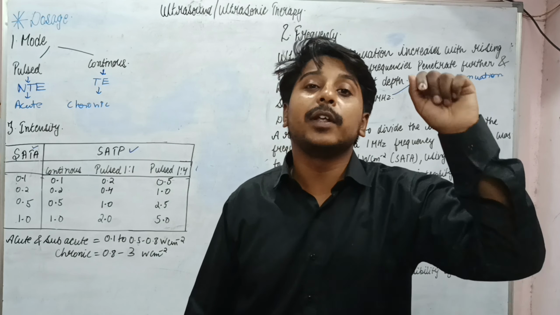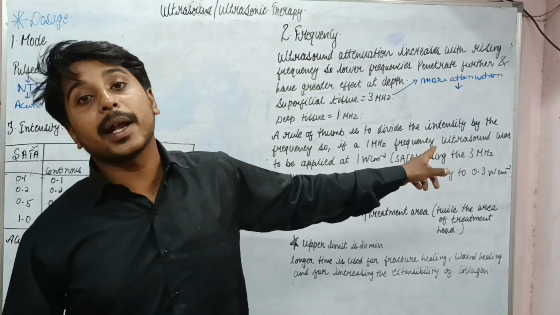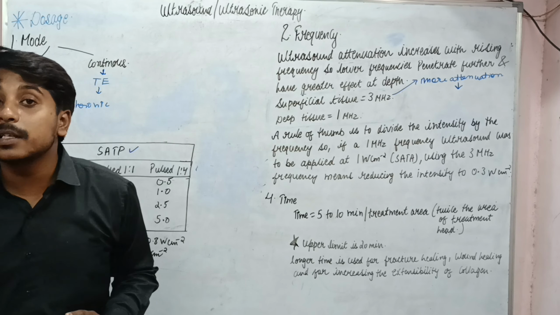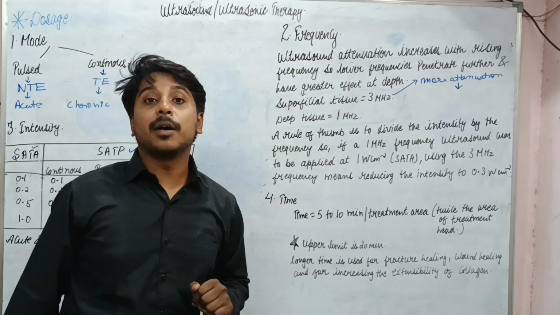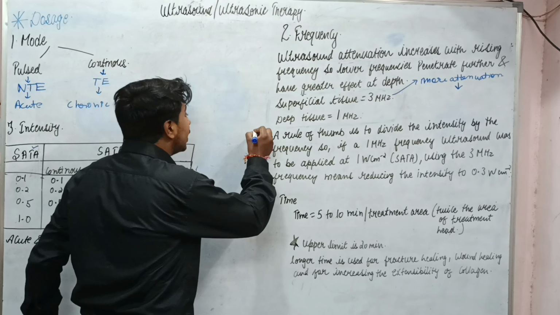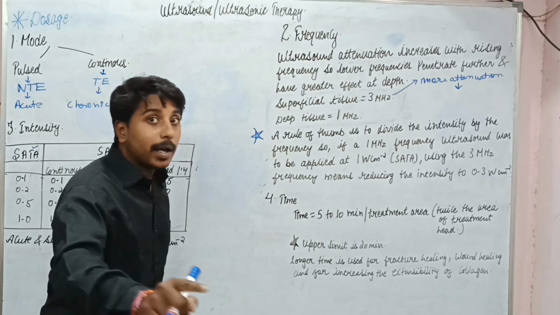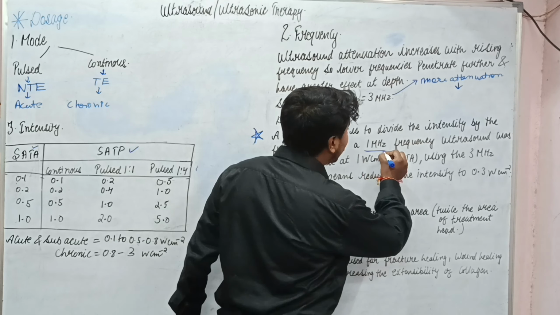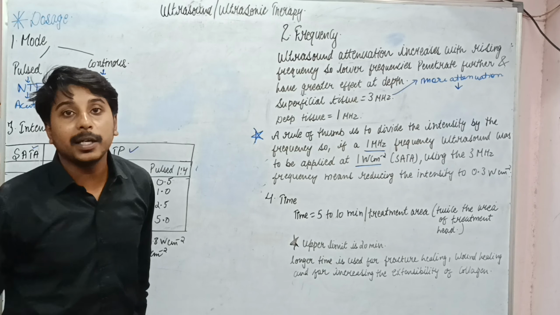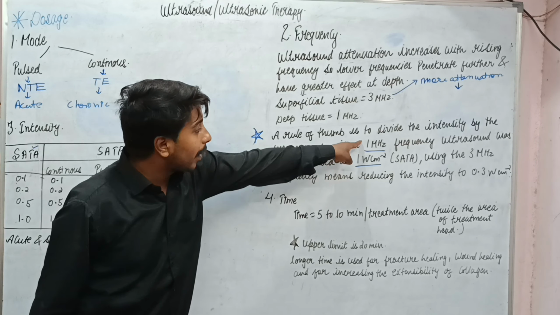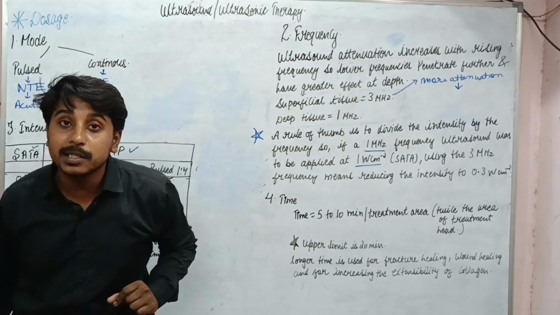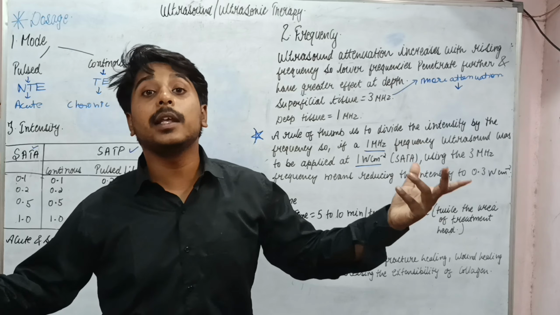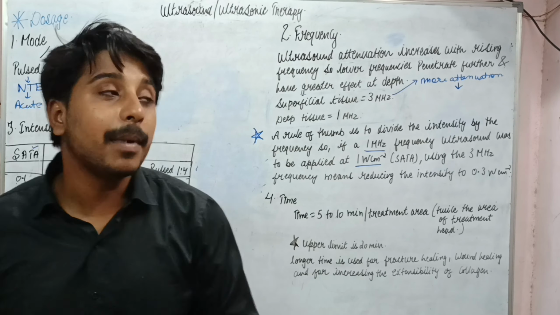So in case when you are using 3 megahertz as the frequency, you need to have lesser intensity as compared to 1. Due to which there is a thumb rule that if you are using 1 megahertz at 1 watt per centimeter square intensity, that is frequency is 1 megahertz and intensity is 1 watt per centimeter square, what will be your intensity when you are using it at 3 megahertz?